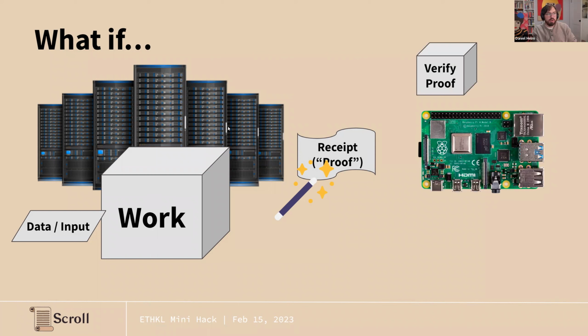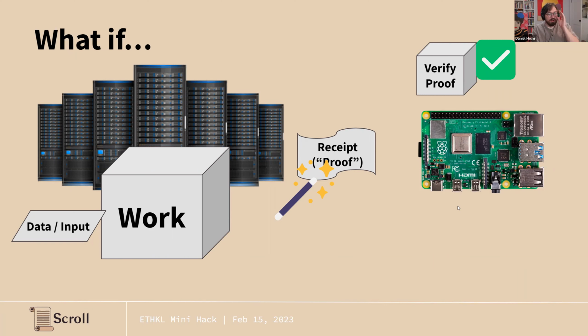We don't trust this big supercomputer, but we just want to know that at the end of the day, what came out of all that work is correct. And we want to say, yep, seems good, seems right. The magic wand is here because this seems kind of magical, right? A small computer verifying a whole network worth of computers.